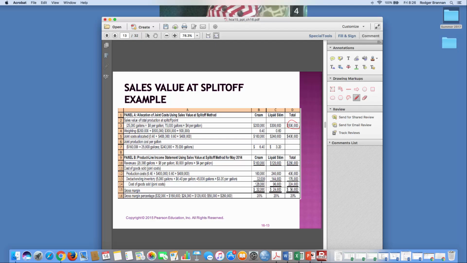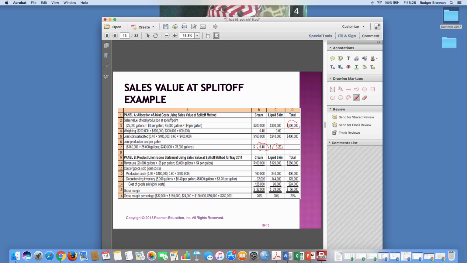Then, again, if you want to do it this way, I tend to do it this way myself, but you're under no obligation to, take the 160, the total cost, because that's all the costs that are going to be here, and divide it by 25, take the 240,000 divided by 75, and you come up with this cost per gallon. That can be used to value ending inventory and to value the cost of goods sold.